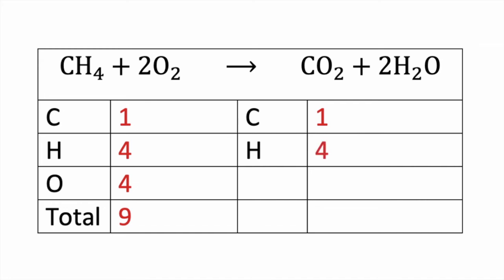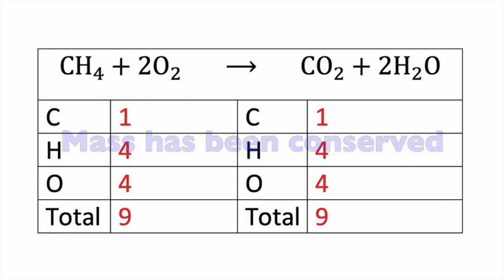Now we have oxygen in both of our product molecules. We get 2 oxygens from the carbon dioxide, and we get another 2 oxygens from the 2 water molecules. This gives us 9 atoms total on the product side. Notice that our equation is balanced because mass has been conserved.